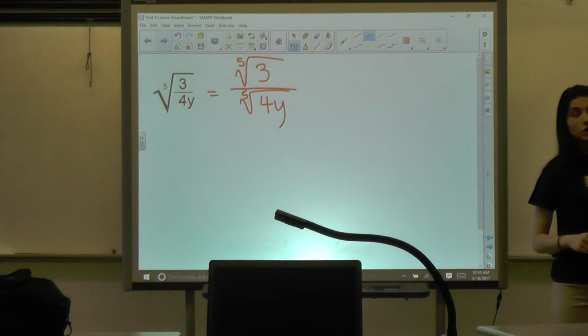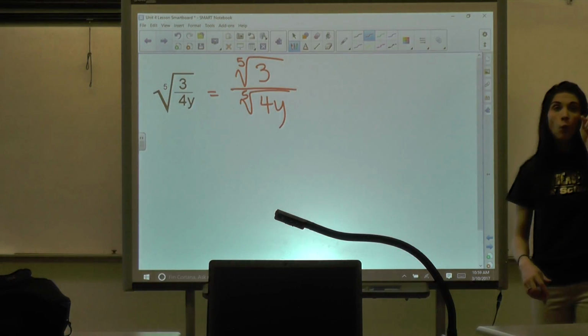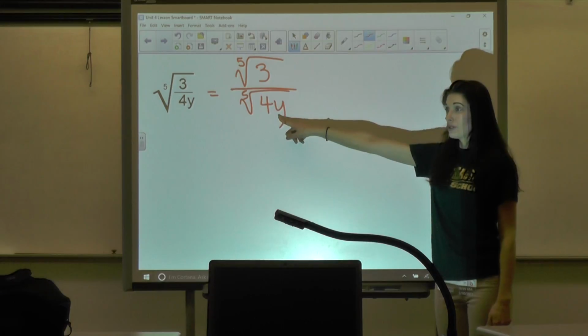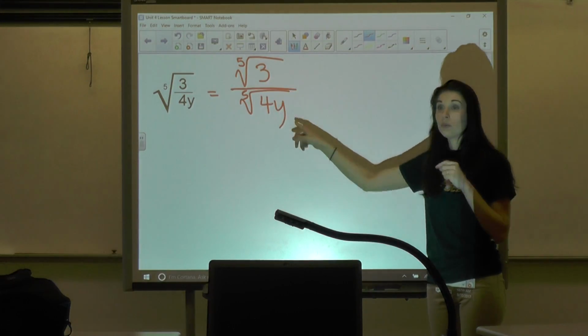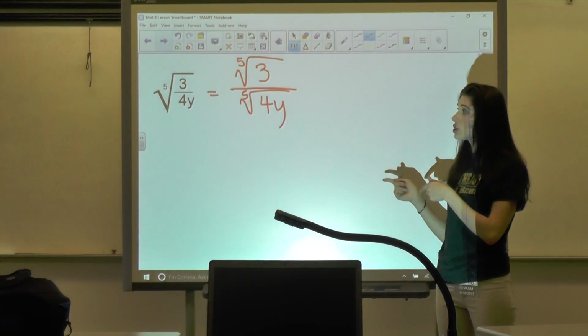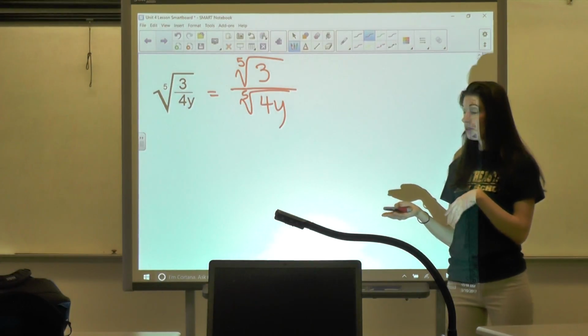The 5th root tells you that you need to have 5 of something to bring 1 out. How many 4s do I have? 1. How many y's do I have? 1. So how many do I need of each of those to bring 1 out? 4. I need 4 more, right?